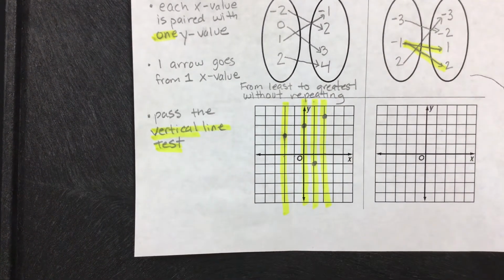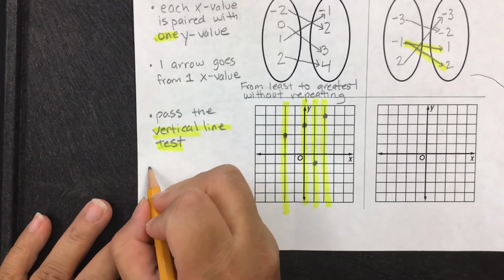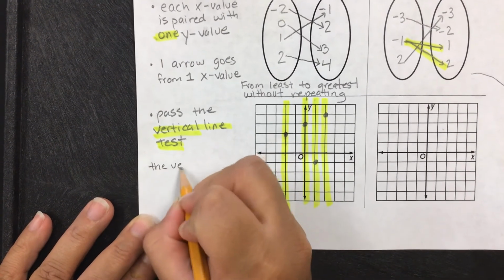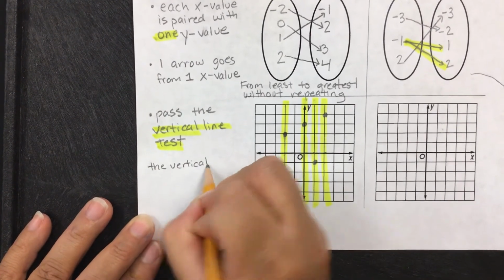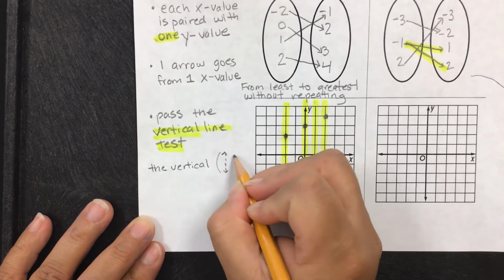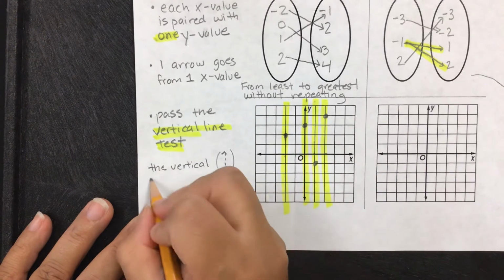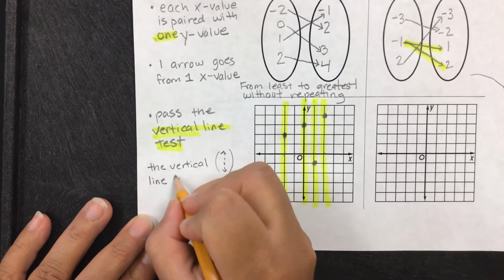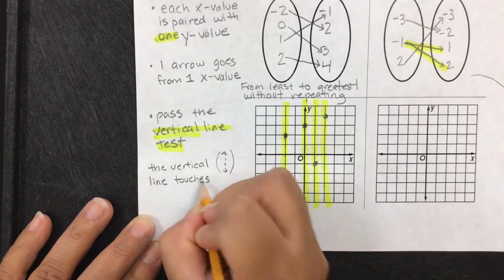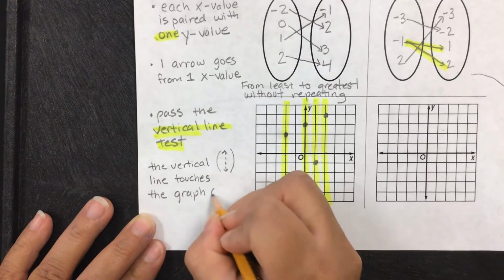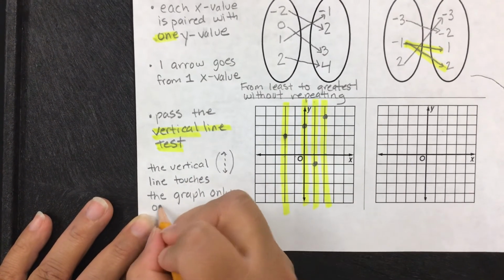But what does it mean to pass? To pass a test means that the vertical, and I'm going to make a little parentheses that a vertical line goes up and down, the vertical line touches the graph only once.